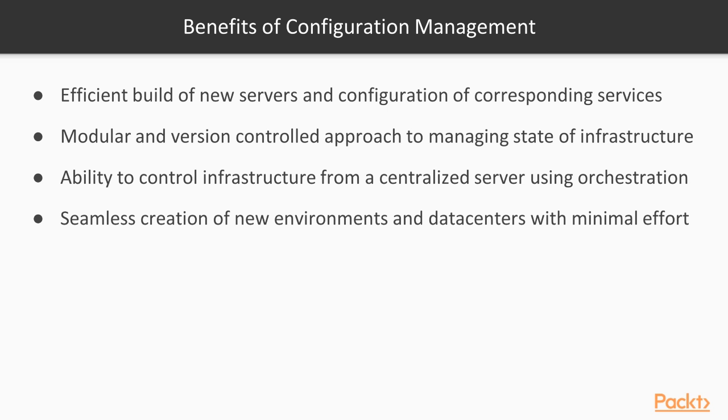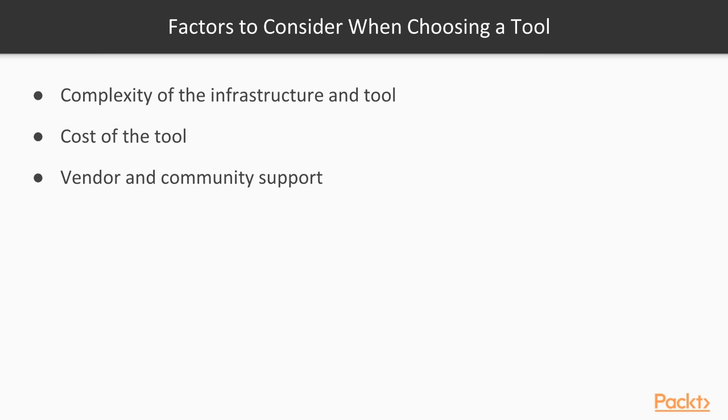Config management provides control of the entire infrastructure from a central server, with the independence and ability to push changes as and when required on a specifically targeted set of servers by use of orchestration. Creating new environments or entirely new data centers is a minimal task with config management when coupled with proper architecture design and deployment procedures.